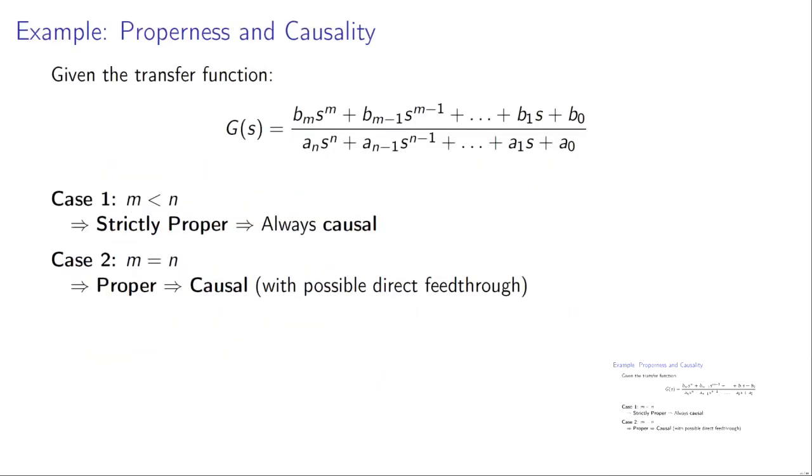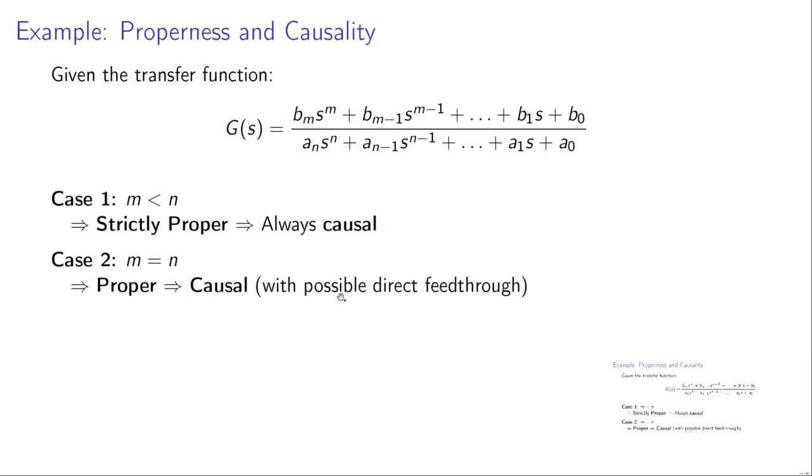Given this transfer function that we have been working with, the first case is if you have m smaller than n. You have a strictly proper system, it's always causal, so it's the case we want. If m is equal to n, it's also okay.